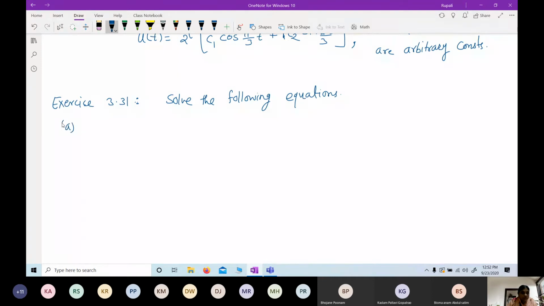So A we have already solved. It is (E minus 6) raised to 5 operated on u of t is equal to 0. This is already solved. What is B? u at t plus 2 plus 6 u at t plus 1 plus 3 u at t is equal to 0.